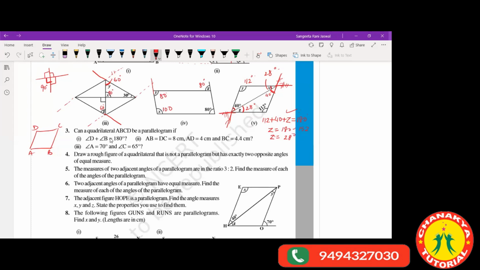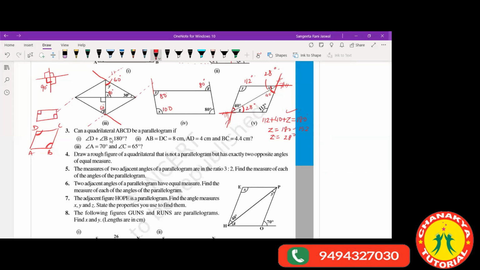It's given, can a quadrilateral ABCD be a parallelogram if angle D plus angle B is 180 degrees. In a parallelogram, the sum of adjacent angles is 180 degrees, and the opposite angles are equal. If we take a rectangle, which is also a parallelogram, the opposite angles are 90 and 90, they are equal.